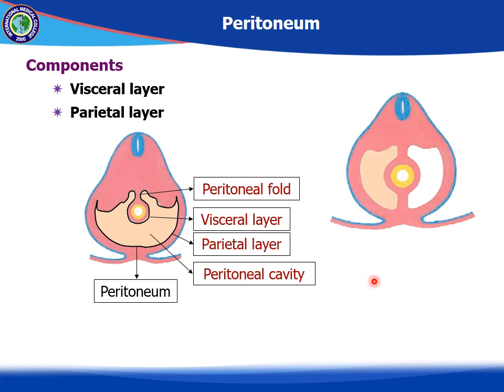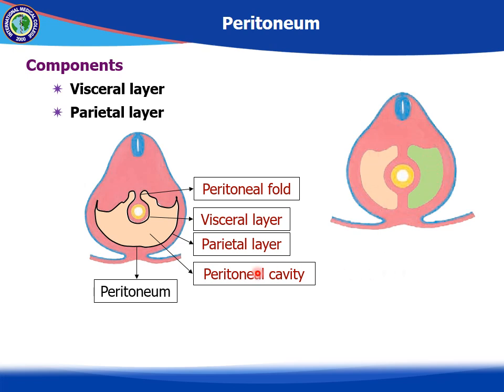Above the level of connection of the yolk sac, there are two cavities. This is the embryo's back, so this is the left cavity, and this one is the right cavity. Below the connection there's only one cavity. This cavity is continuous with the left one as well as the right one.